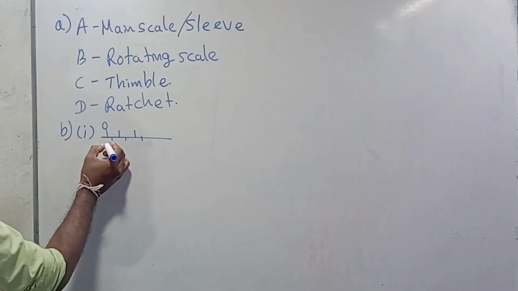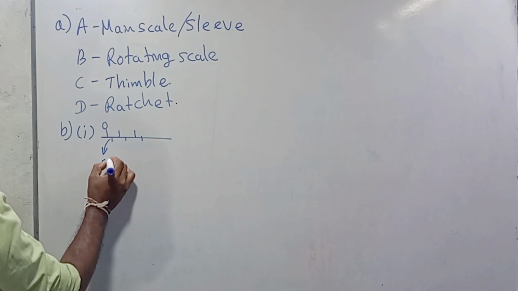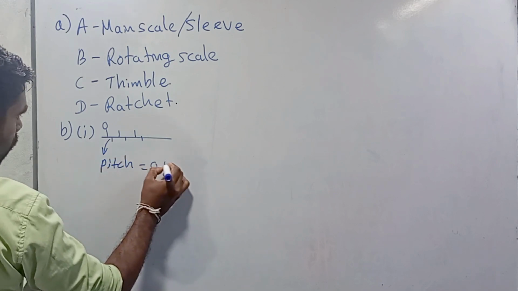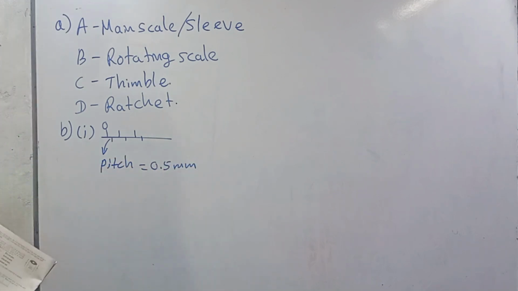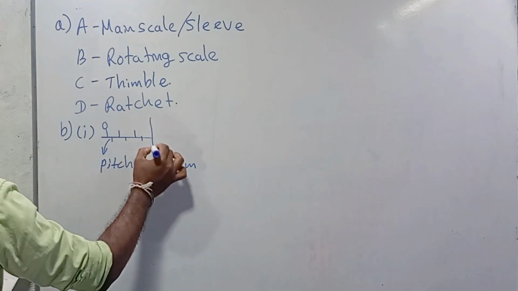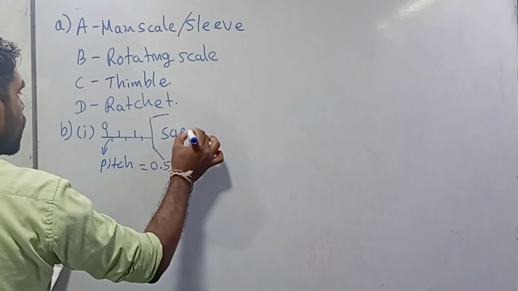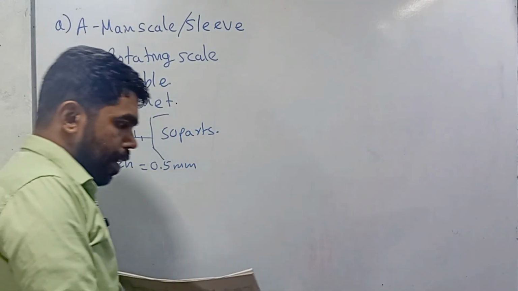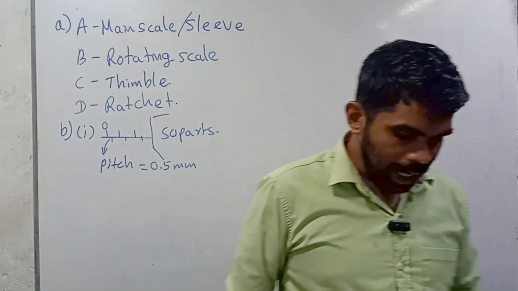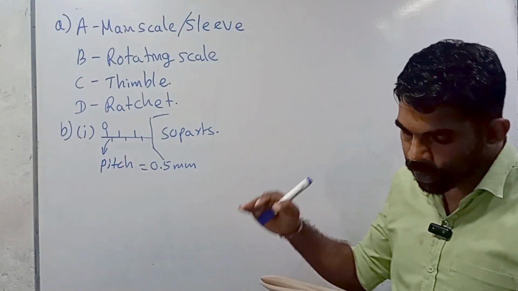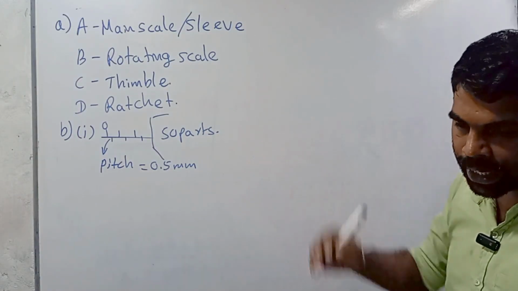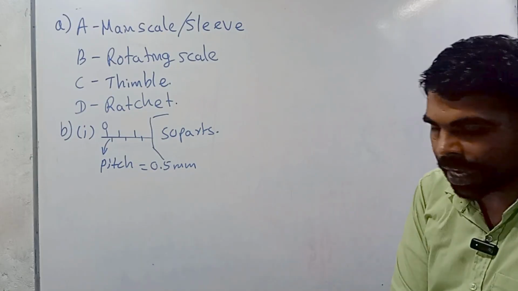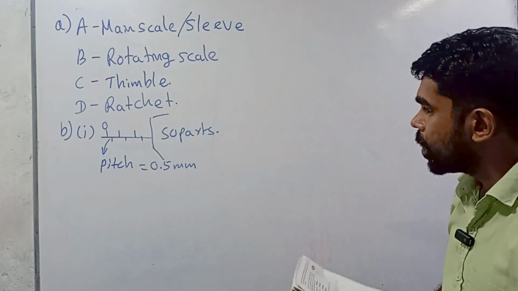Therefore, pitch is 0.5 millimeters. And we can identify there are 50 parts in the rotating scale. You can identify after 45, 46, 47, 48, 49, then again 0. It means there are 50 parts.